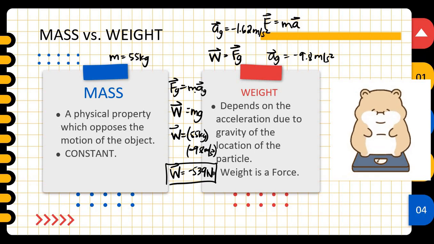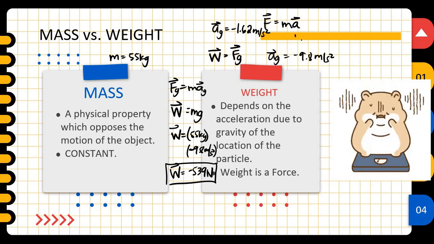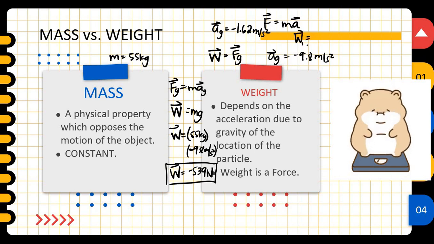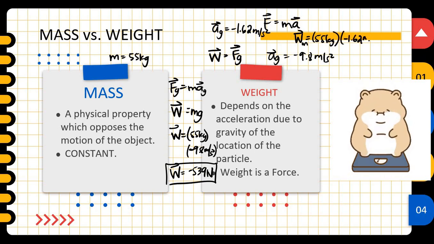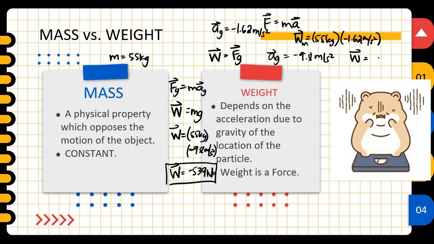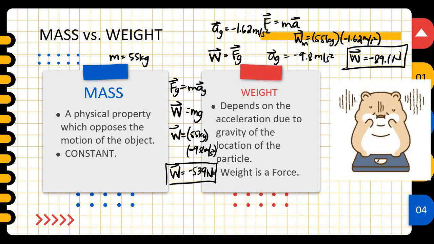So your weight on the moon is 55 kilograms, that's your mass, times negative 1.62 meters per second squared. So your weight on the moon will be equal to negative 89.1 newtons. So what can we notice?